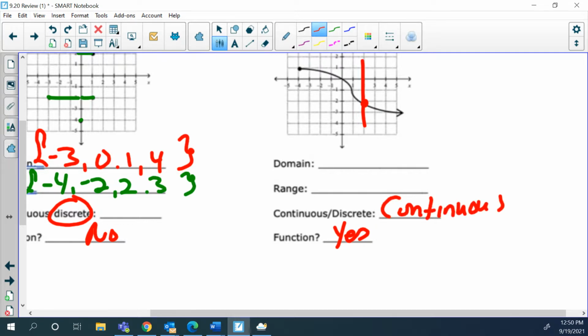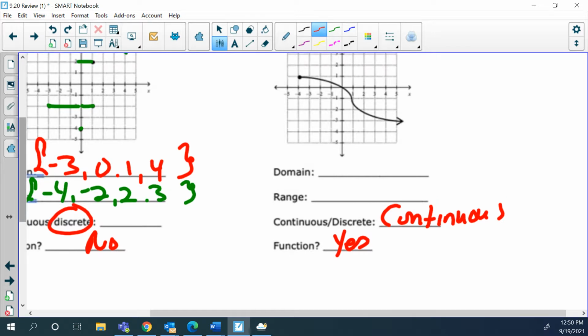Okay, what about the range? Well, let's see. Now the range, remember for the range, we're going to start at the lowest point of the graph, right? Look at the line. Where's the lowest point? The lowest point is right here. But guess what? That's an arrow. So we know that's going to be -infinity. And we use a less than symbol with that. Where's the highest point on the line?